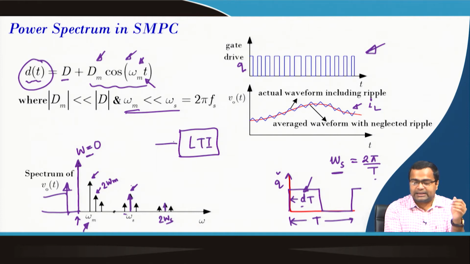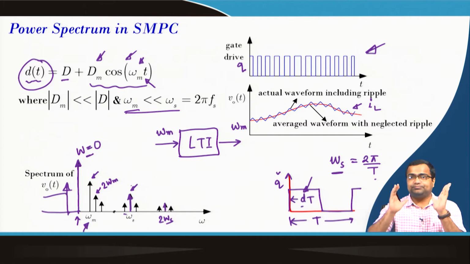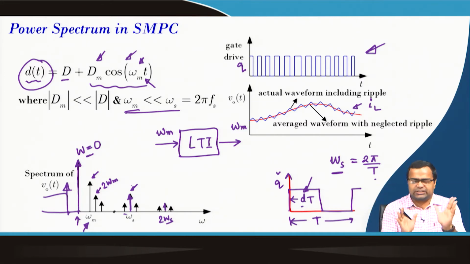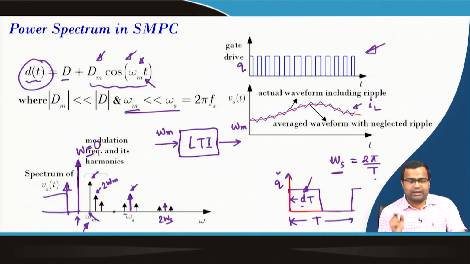And we know for an LTI system, if we excite with an omega m frequency, then the output should contain only that excitation frequency. The other frequencies should not be present in a linear system, but it is a switching converter and we want to get an approximate linear model. That means we are interested in obtaining the power spectrum at the excitation frequency. Okay.